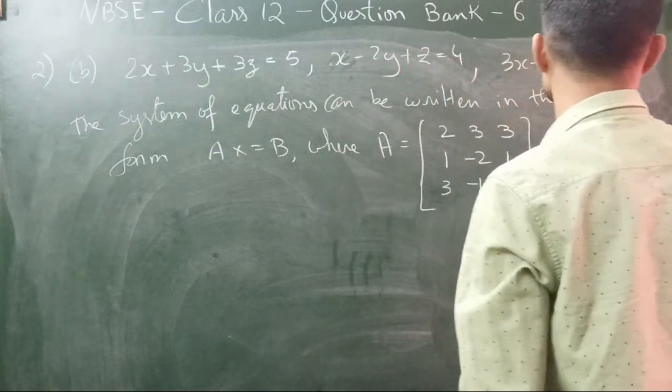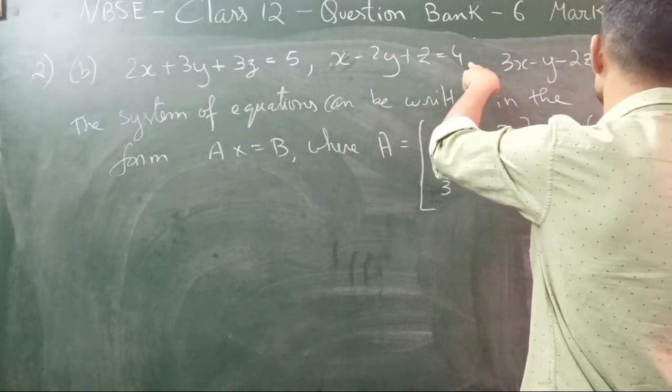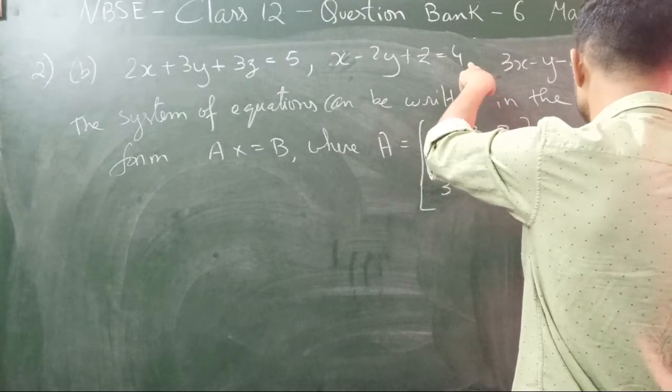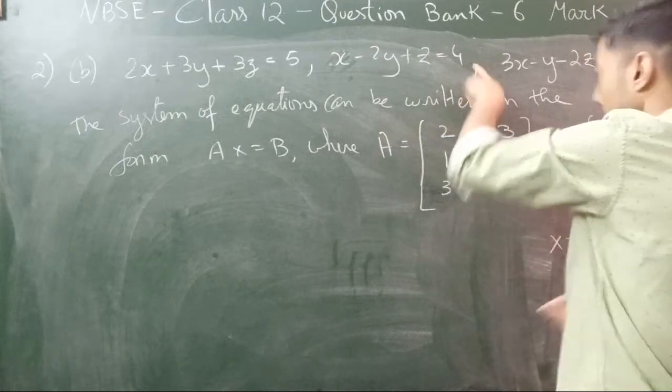The matrix B of the constants is 5, 4, 3, and X is the matrix of the variables x, y and z.